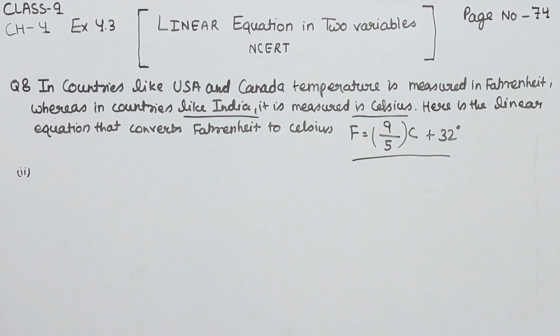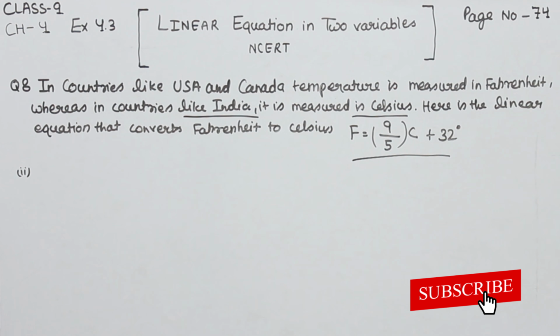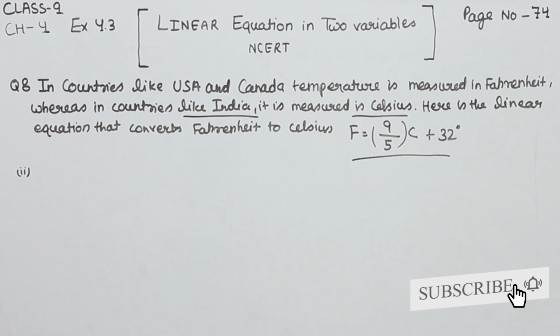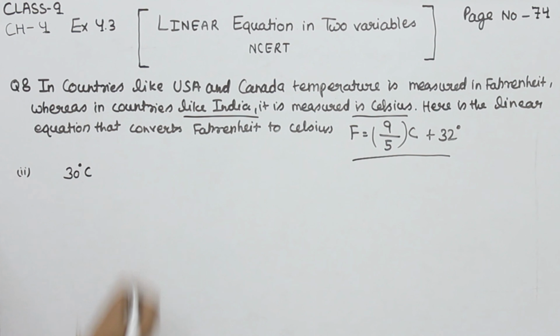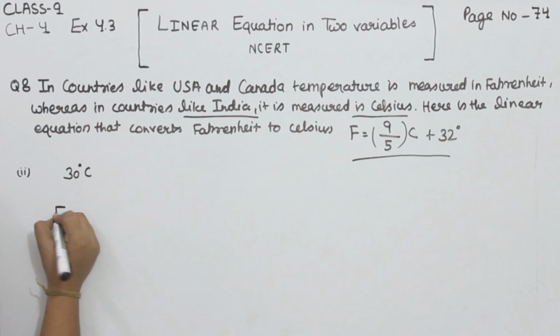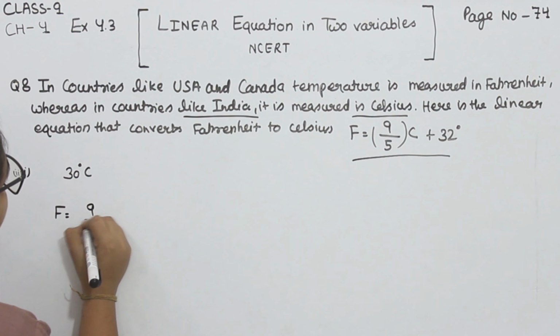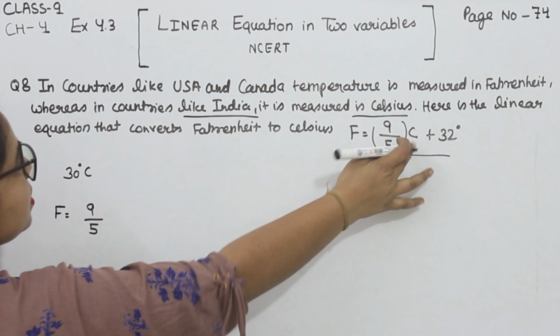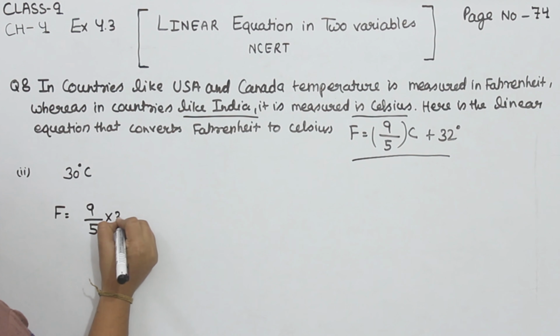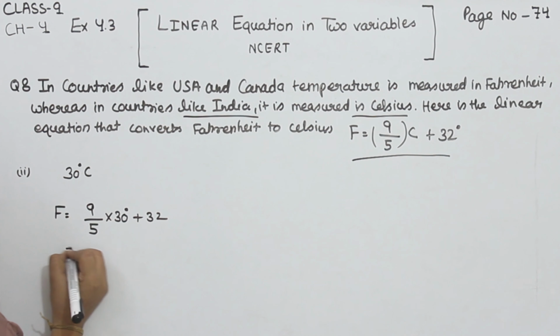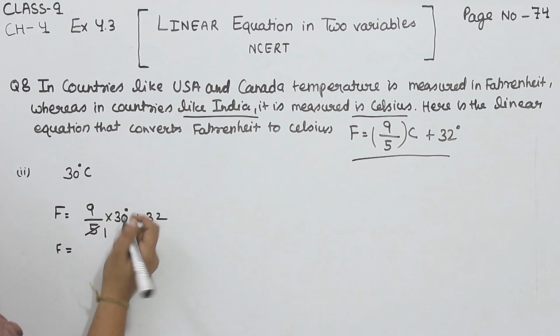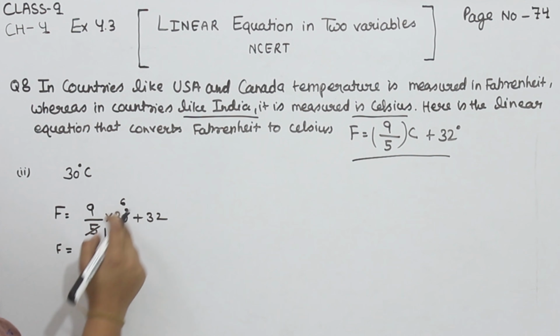In the second part, if the temperature is 30 degrees Celsius, what is the temperature in Fahrenheit? So the temperature given is 30 degrees Celsius and we have to find the temperature in Fahrenheit. Start with F is equal to 9 by 5. In place of Celsius, we write the temperature, that is 30, plus 32. 5 6s are 30.